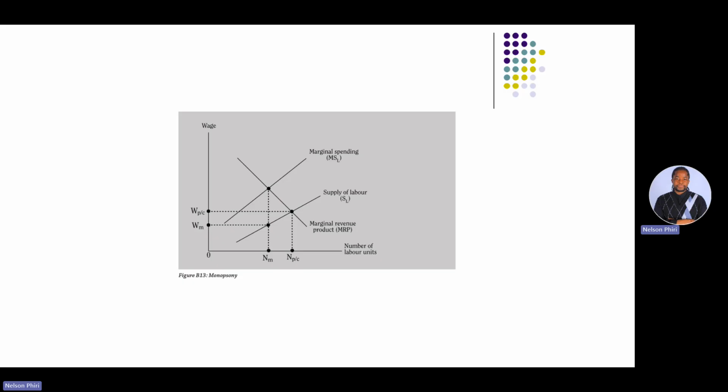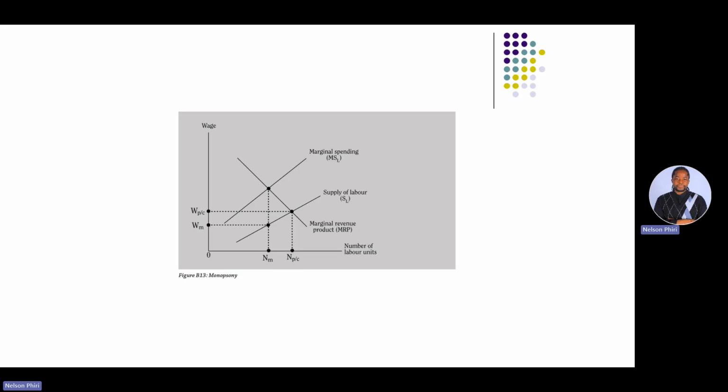If the marginal revenue product is greater than the marginal spending on labor, MRPL greater than MSL, then it means the employer will employ an additional worker, because it pays more to employ the worker as the worker is more productive than what it costs. If the marginal revenue product, however, is less than the marginal spending, the employer will not employ the additional worker.